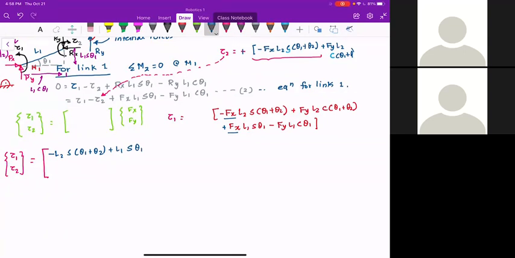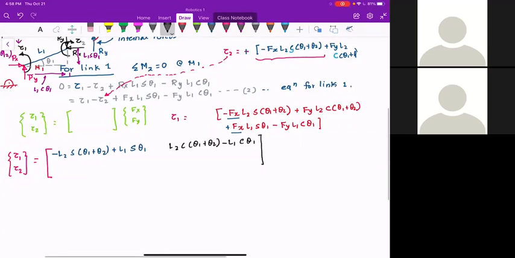Then for Fy, I have L2 cosine theta 1 plus theta 2 minus L1 cosine theta 1. And please note, I have taken f of x and f of y outside.